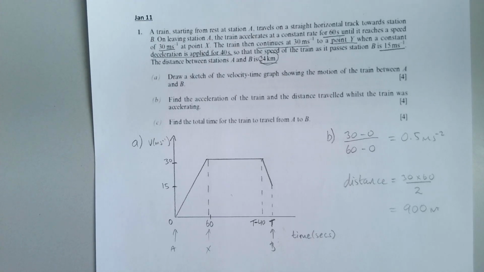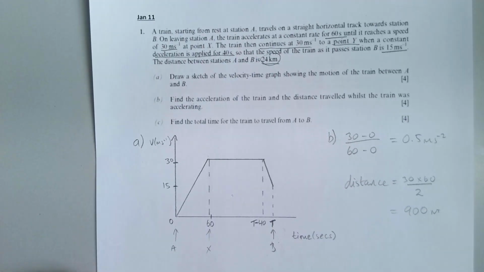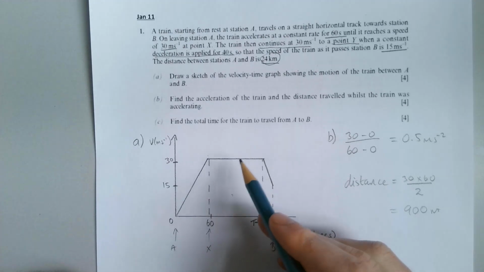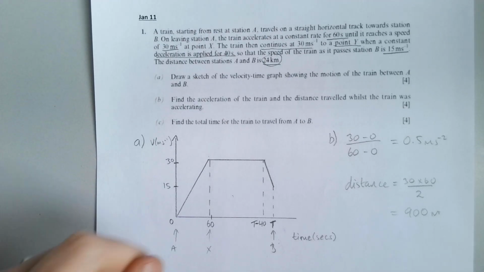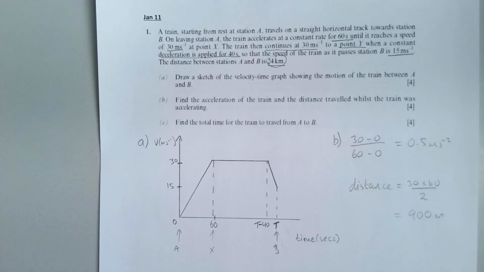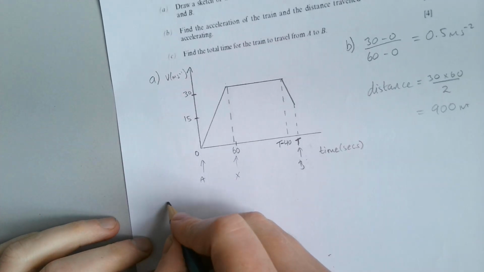And the reason that's important, one, they've given it to us, it probably means something, but also because this T can be used as part of the shapes we see under the graph, right? We've got a trapezium there, a rectangle there, and a triangle there, which we've already found the area of. So with that knowledge in mind, and the fact that it's equal to 24 kilometers, we can find out T that way.